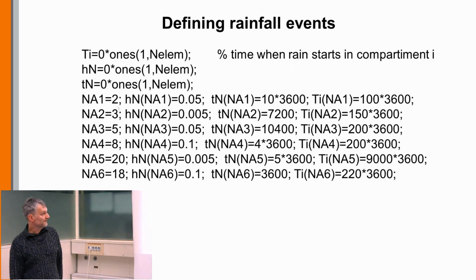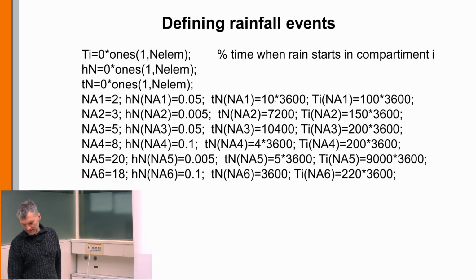So we have a rain in element 2, a rain in element 5, a rain in element 20. Actually, we don't have 20 elements. The height of rainfall is 5 centimeters, here it's 5 millimeters, here is 10 centimeters, and so on.